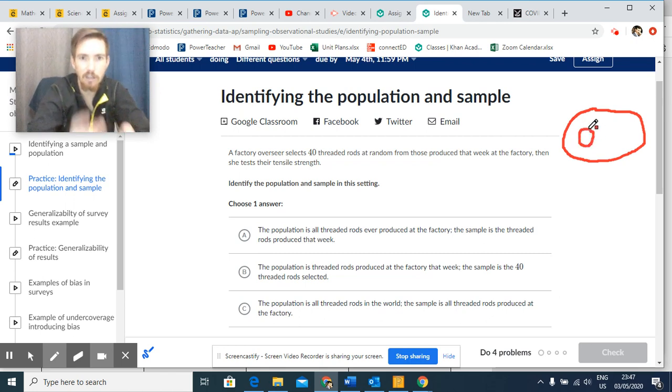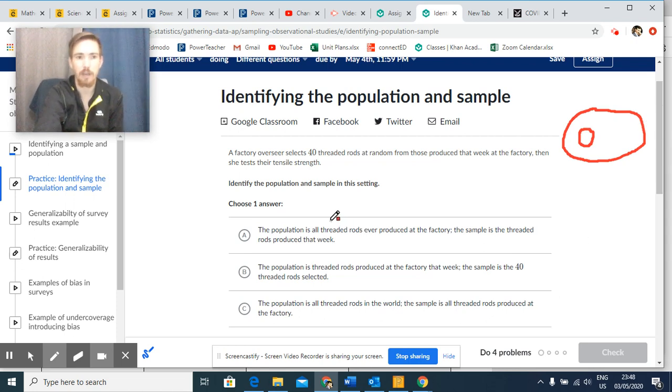If you're trying to find out information about a group, this could be people, things, whatever, just any group, and it's impossible to test or survey or gain information from that entire group, what you need to do is take a sample of a section from that population to find information, and hopefully that sample is representative of the whole population.